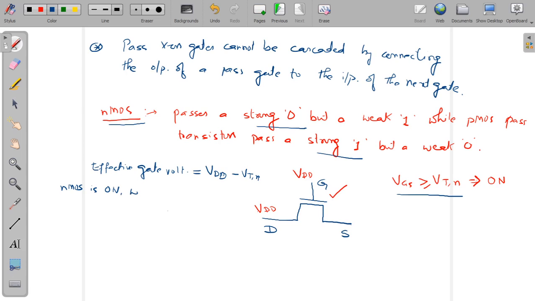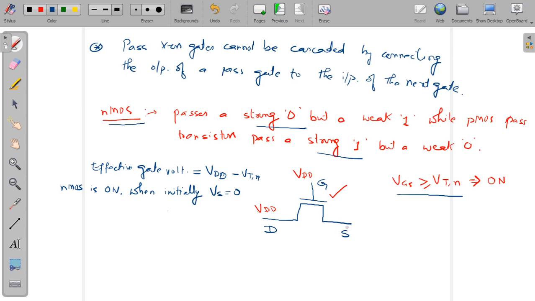And let's put some more conditions, that initially Vs is equal to 0. Now when the device switches on, this drain terminal voltage starts to pass to the source terminal and the source terminal voltage starts to rise.